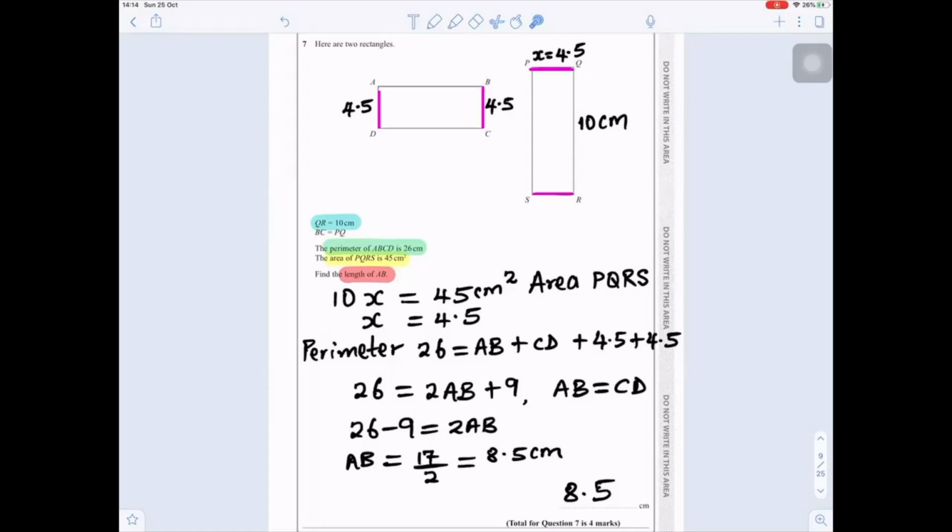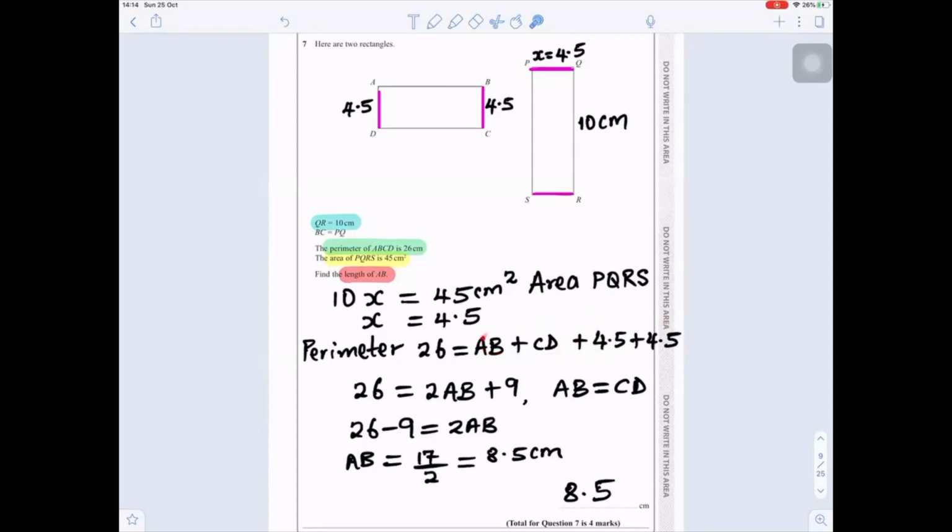Now we work with perimeter. Perimeter of ABDC is 26. Perimeter means you add all the distance around the object, at all the sides. Since AB is the same as DC, we will write 26 is AB plus CD plus 4.5 plus 4.5. 4.5 plus 4.5 gives you 9.